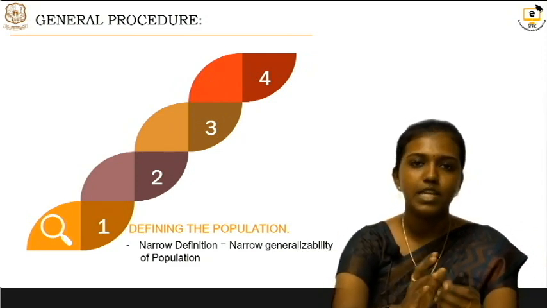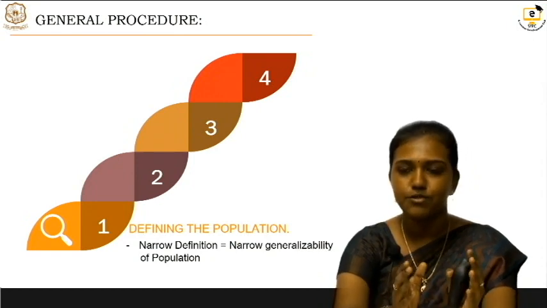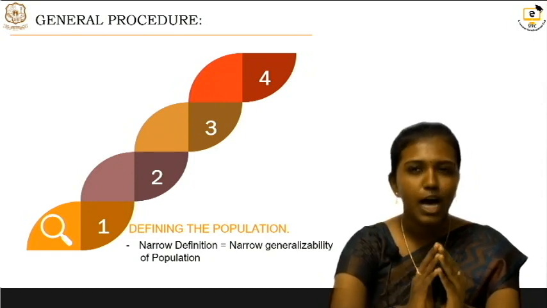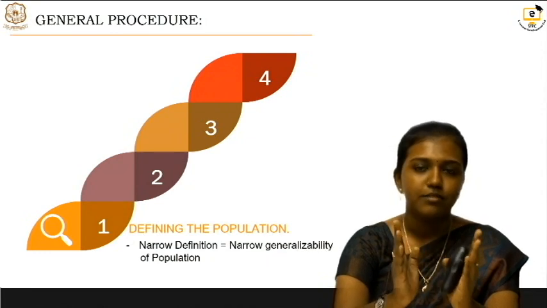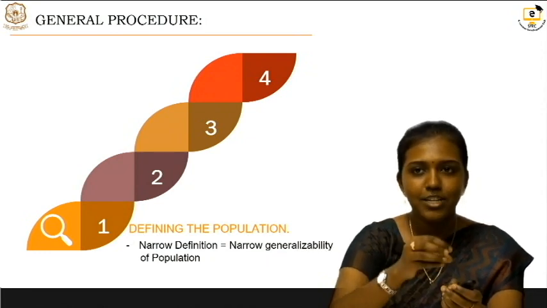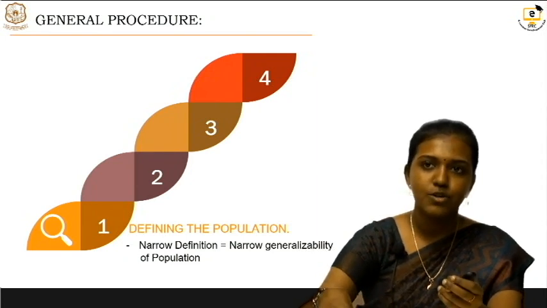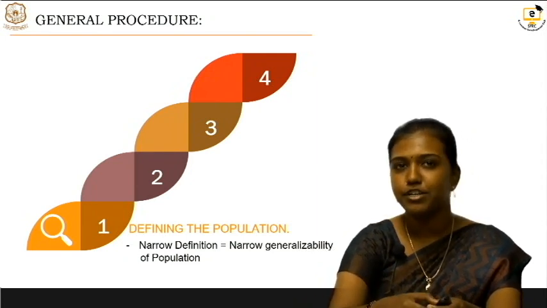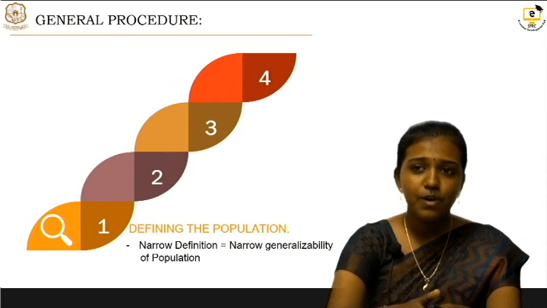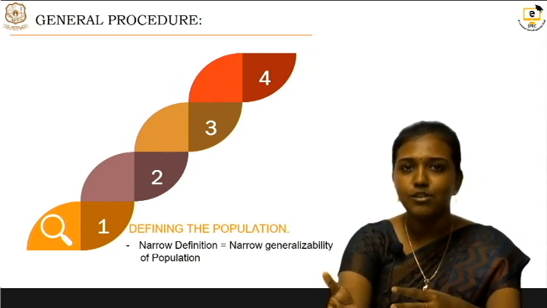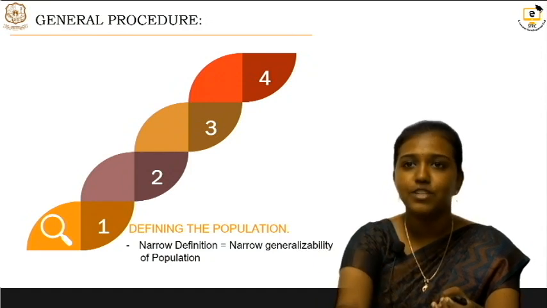For example, let's say that you are doing research on 11th standard students particularly. You are narrowly defining your population to be 11th standard students of Sivagasi, let's say. Now you have arrived at a conclusion that Sivagasi students have good aptitude skills. When you have this result, you can only project it to the 11th standard students of Sivagasi.